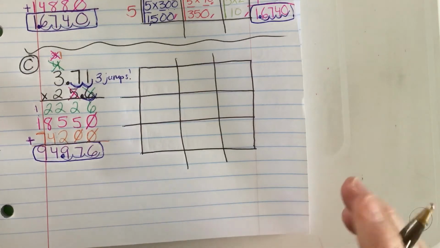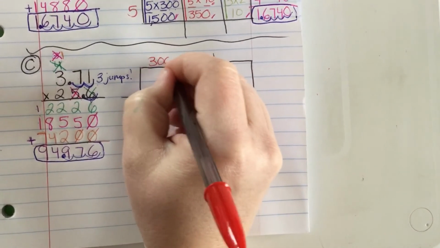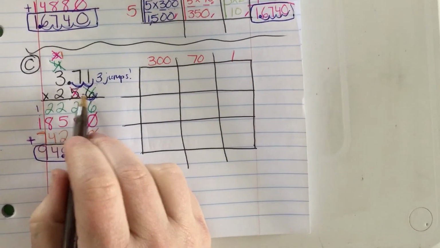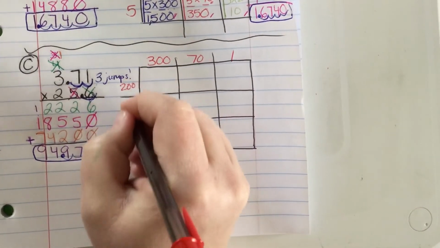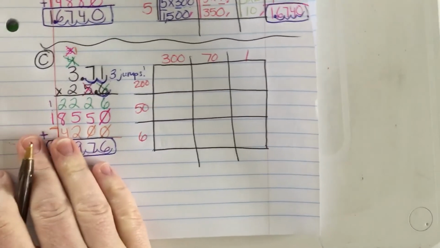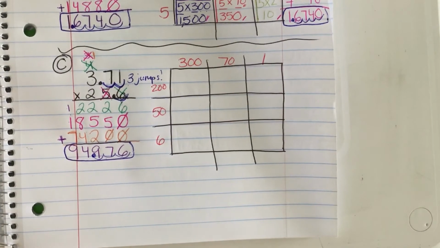Take it nice and slow. So 371 times 256. Again, we're kind of cheating and ignoring the decimals for right now. We're going to come back and bring that place value part in at the end.